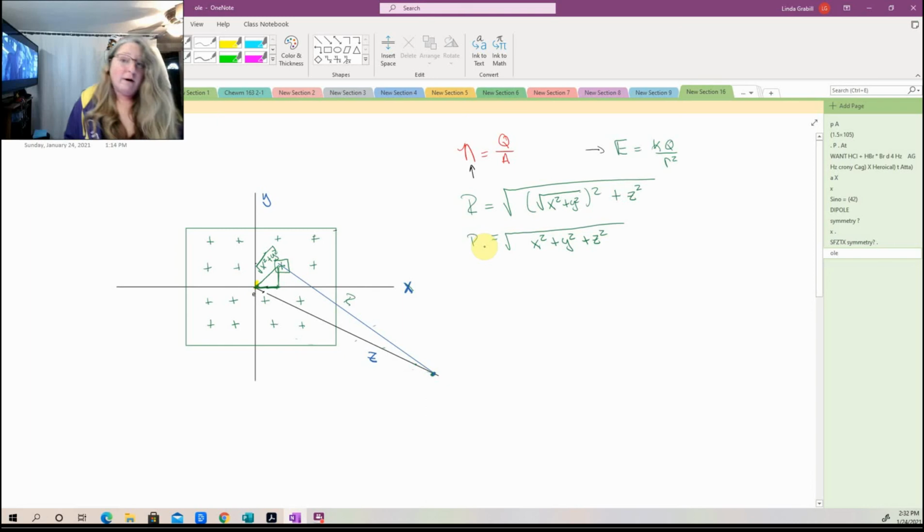Okay, so we've defined our R. Now the next thing is to go ahead and put that in there. And so we know that E then is going to be KQ over R squared, so the square root is going to go away, and I'm left with x squared plus y squared plus z squared. Sweet.